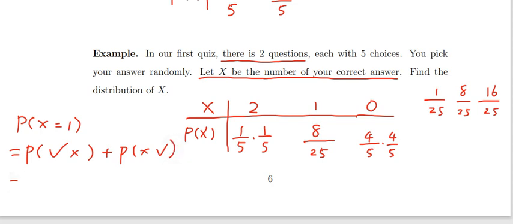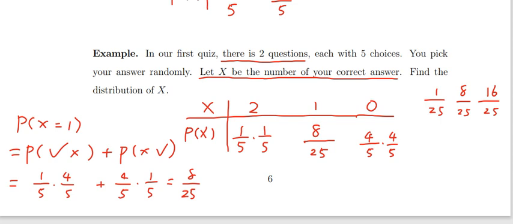So the first one correct, 1 over 5, times 4 over 5, plus the first one not correct, 4 over 5, and the second one correct, 1 over 5. So this equals 8 over 25, right?